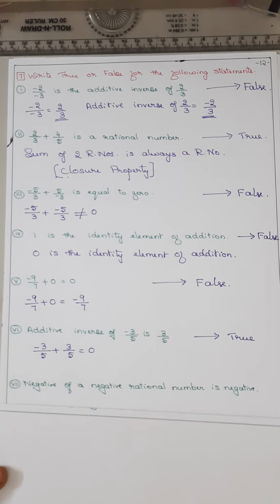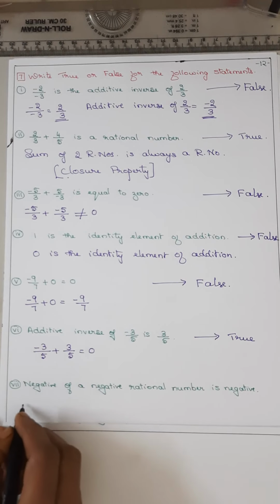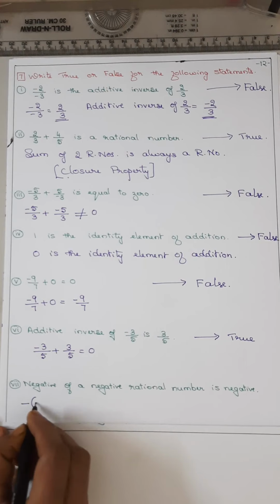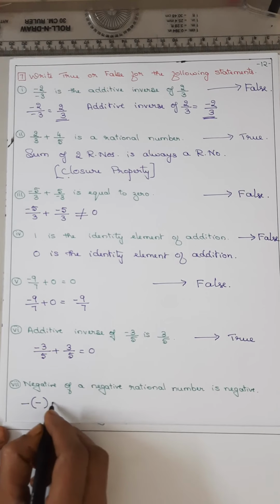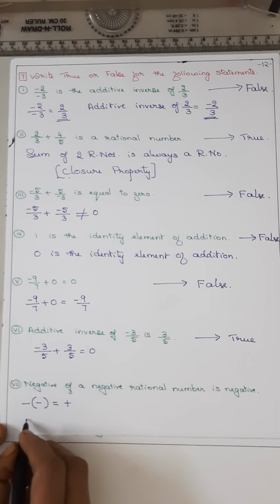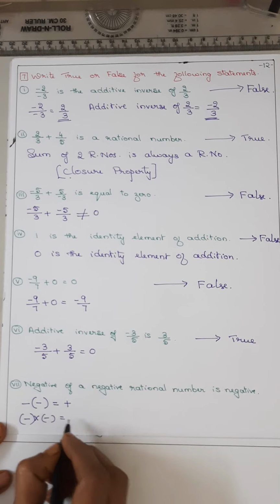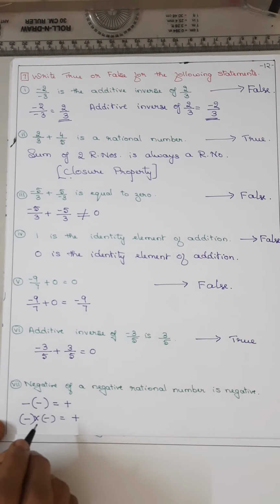Now negative of a negative rational number is negative. Negative of negative rational number is always positive. Negative of negative का मतलब क्या है? Negative into negative. When you multiply two negatives, the answer will be plus.